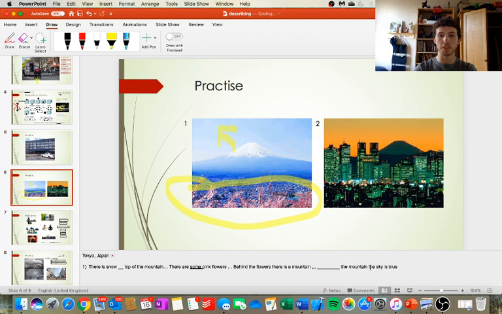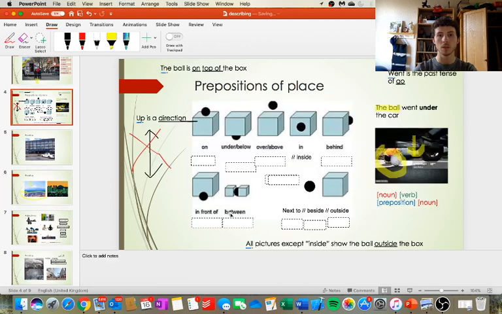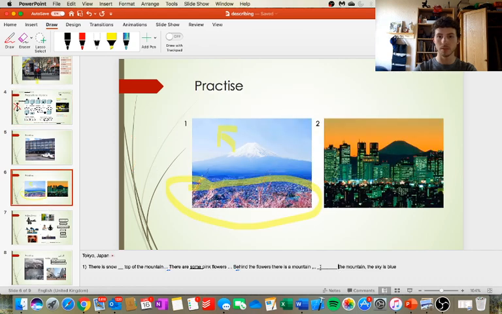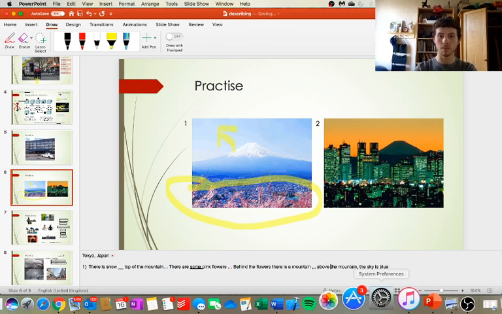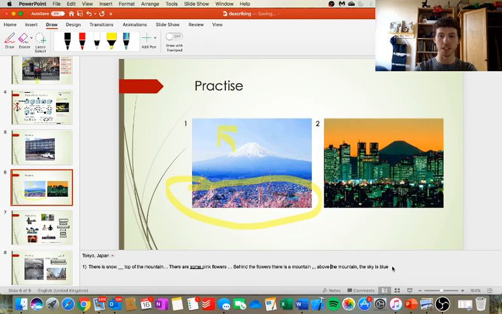The mountain, the sky is blue. Which word? Excellent, above the mountain. Above the mountain, the sky is blue.